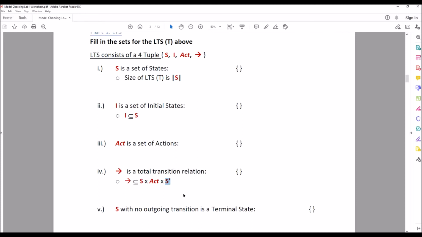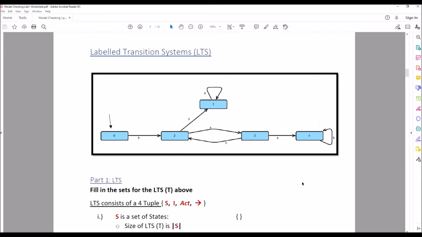So let's say we have a state with no outgoing transition. We call it a terminal state. Essentially, if you came to 0, you went to 2, you go to 1, we see we can always perform action A in state 1, which will always take us back to 1.